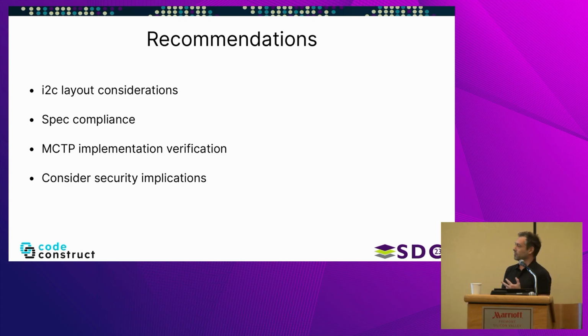A lot of folks coming from the PCI side of things have tended to put I2C multiplexers around, which has some interesting interactions with how MCTP itself can work. So we've learned some lessons there and have some thoughts on how to architect a system that is manageable through these interfaces.